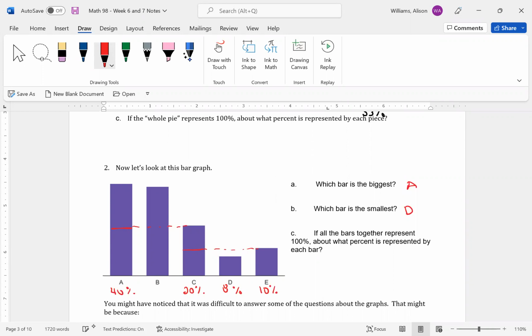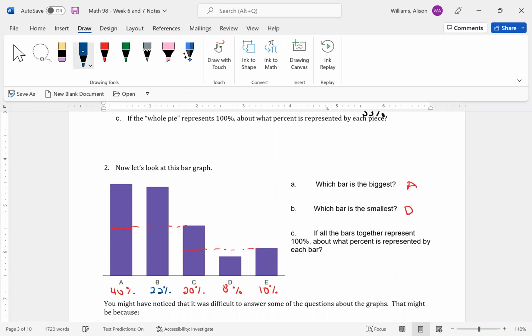That's going to be 78%, which would leave for B 22%. And that doesn't quite work, right? Because 22% is barely bigger than C. But at the same time, it should be closer to A.